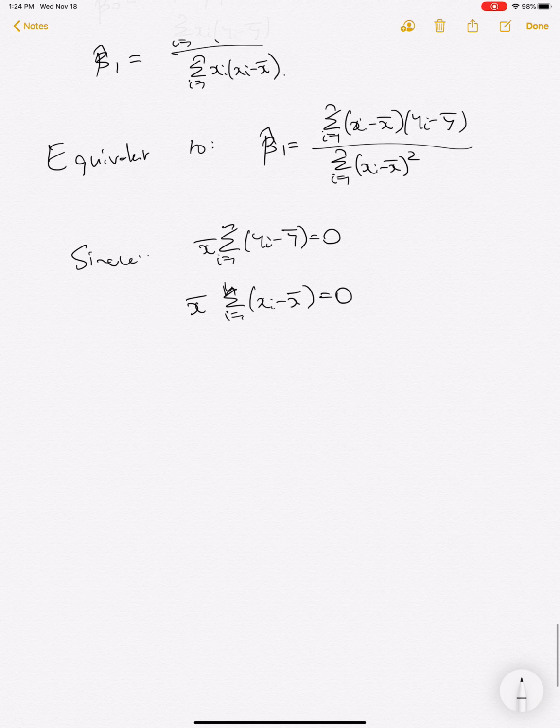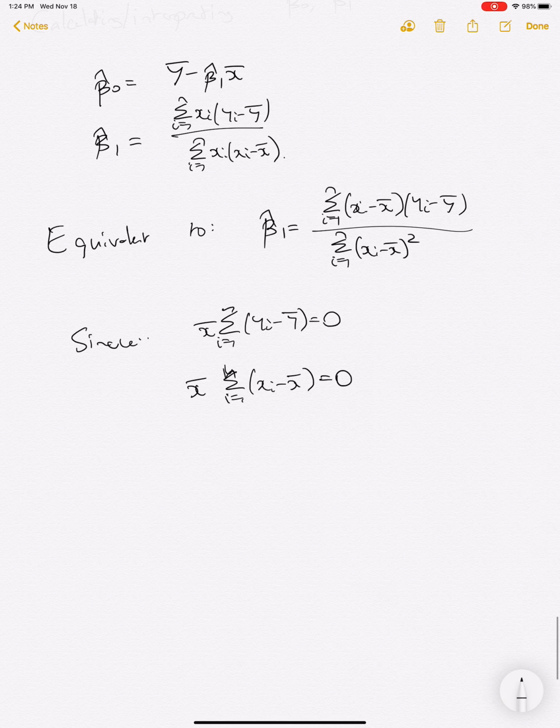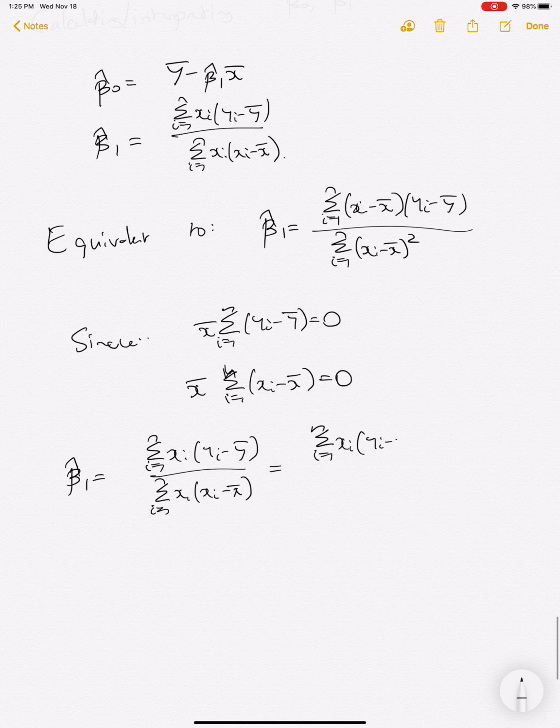So I'll just write that out explicitly so there's no confusion. From our original expression, we can certainly say that this is just the same thing as adding and subtracting 0.